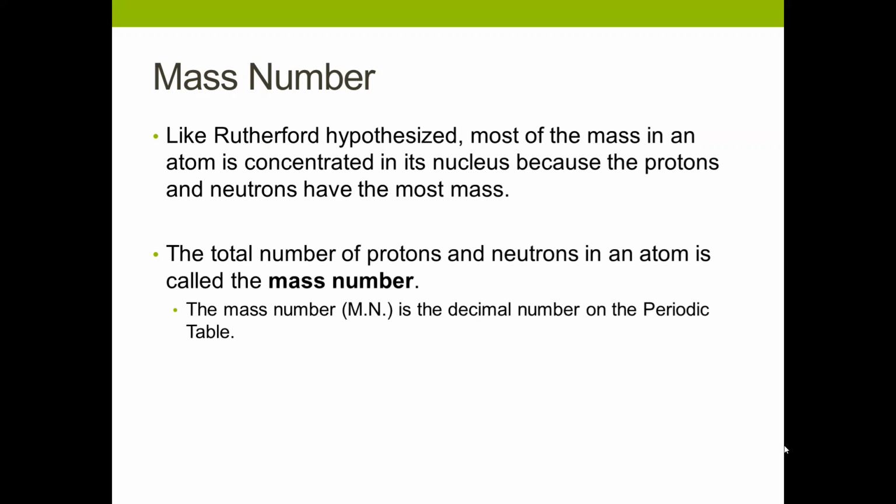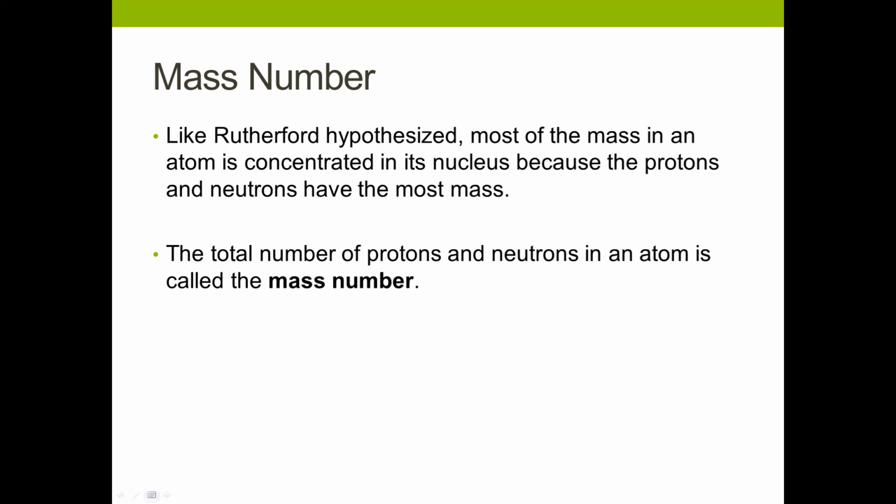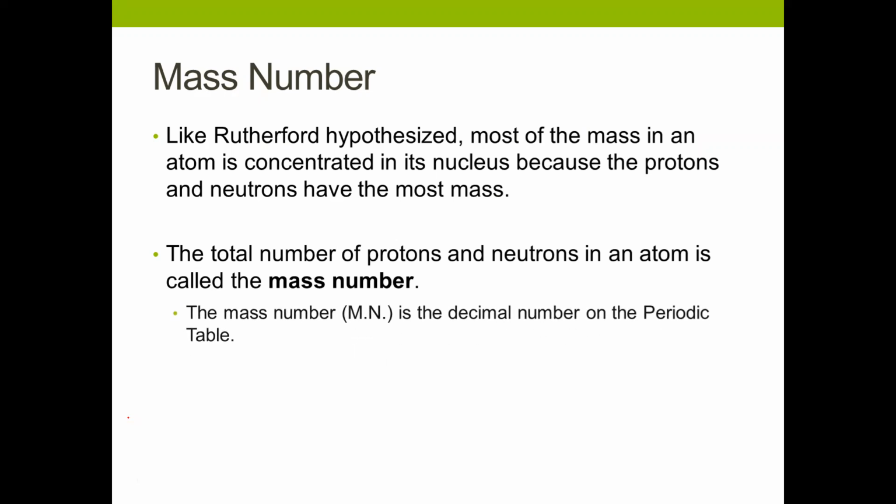But for our purposes, until we say otherwise next week, the mass number, you do not write down as a decimal. You will round it, since it's the total number of protons and neutrons.